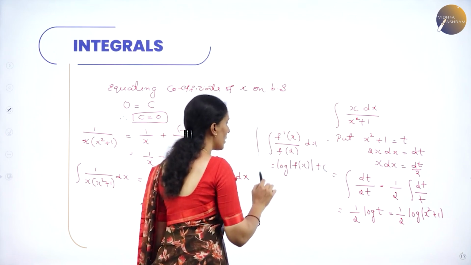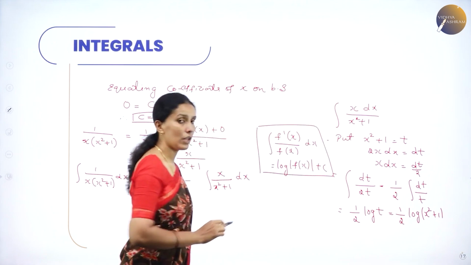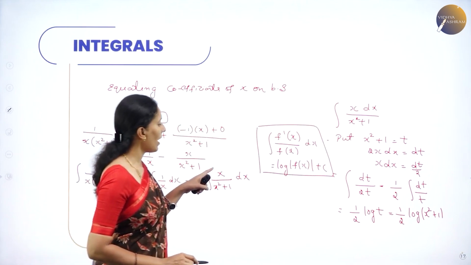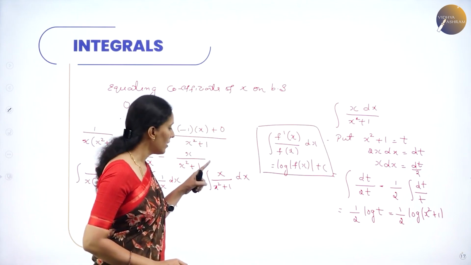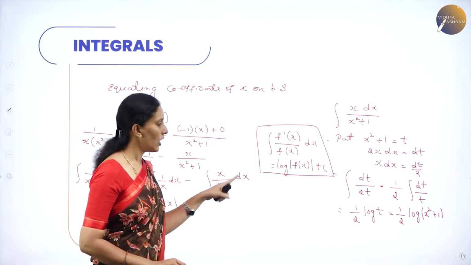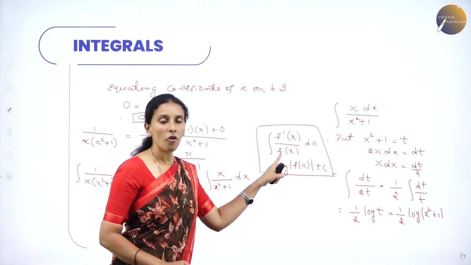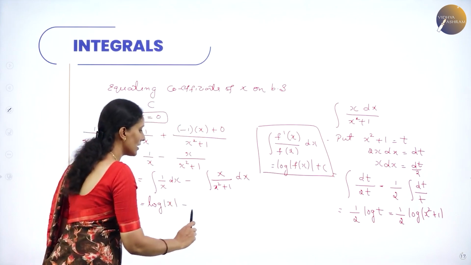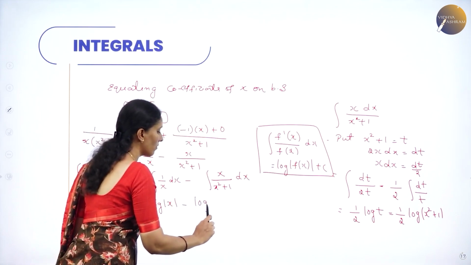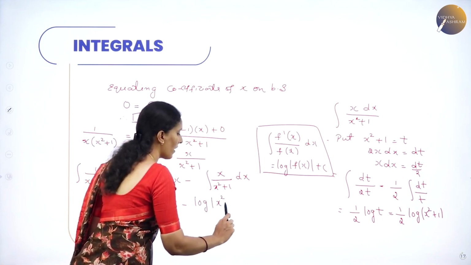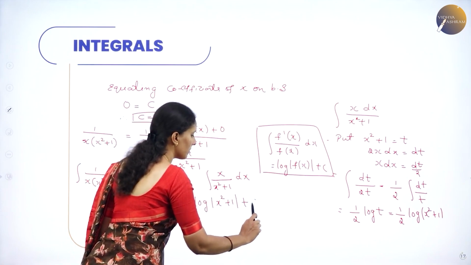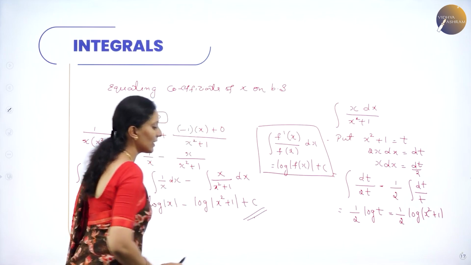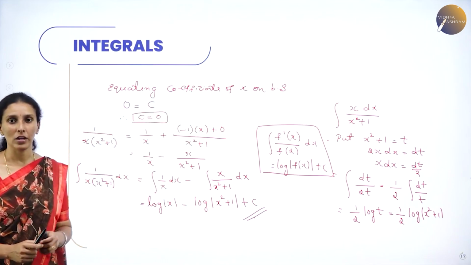This is one more important standard form which we have learnt previously. When you have the derivative in the numerator and its function in the denominator, you can write it as log of modulus f of x plus c. So that is why this can also be written as minus log of modulus x square plus 1 plus c. So this is the integral of the given rational function.